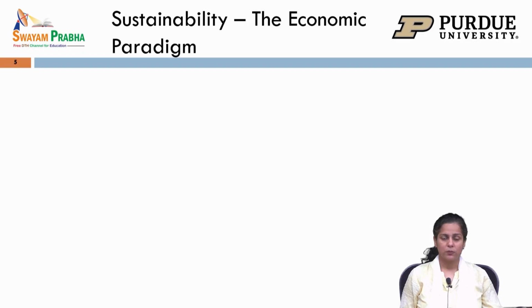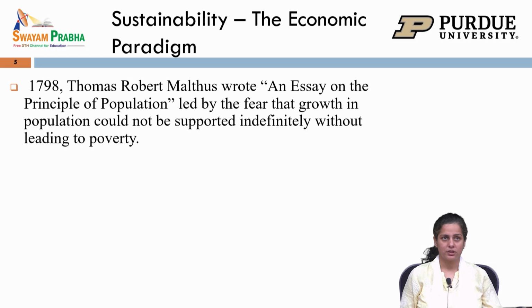So, let us look at the economic paradigm of sustainability. In 1798, Thomas Robert Malthus wrote an essay on the principle of population, which was led by the fear that growth in population could not be supported indefinitely without leading to poverty.